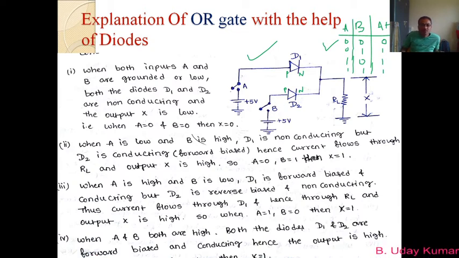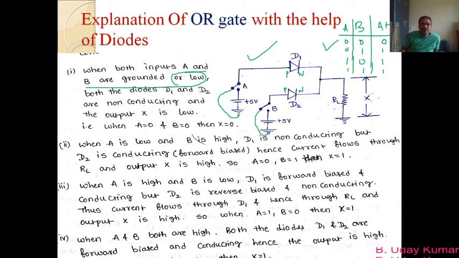Okay. So what do I have here? When A and B are grounded or low, this is the first condition, right? So when A, this is the terminal A, is grounded, this is grounded and this is also grounded. So when A and B are grounded, what happens? Grounded means it's like P is connected to the negative terminal of the battery.